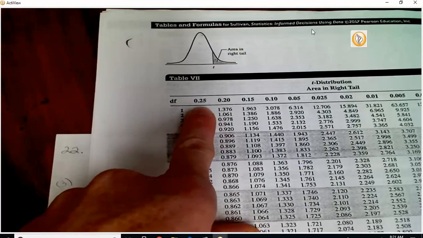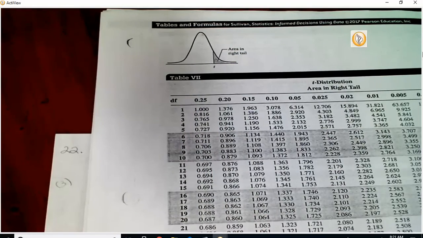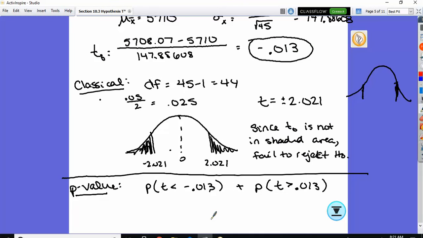So the probability of that is 0.25. So that means each of those things would have a probability of 0.25. So we get that the probability is 0.05, or sorry, 0.5.